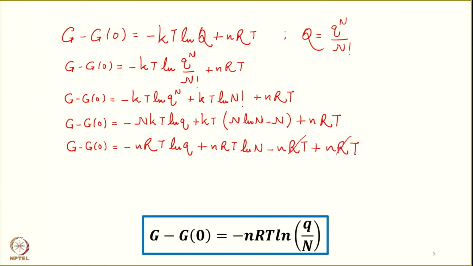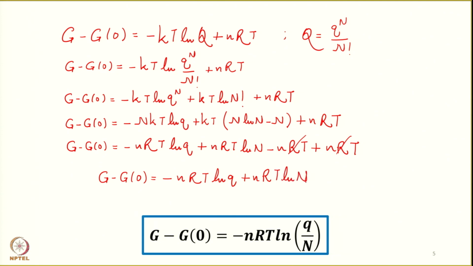This nRT goes. So therefore, I have G minus G0 is equal to minus nRT log Q plus nRT log N.